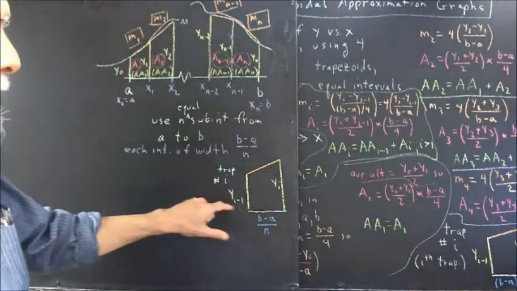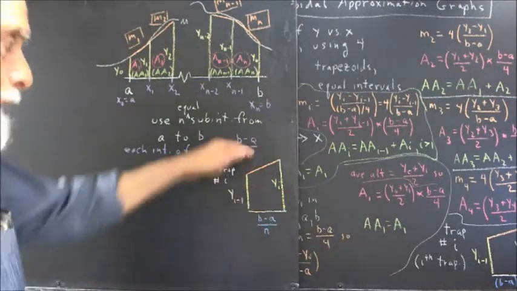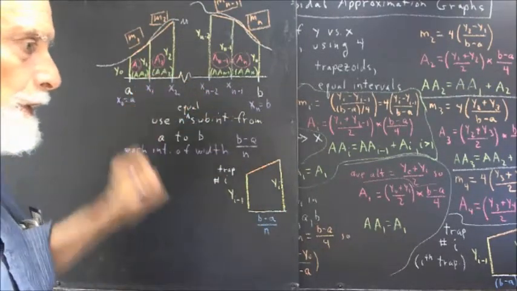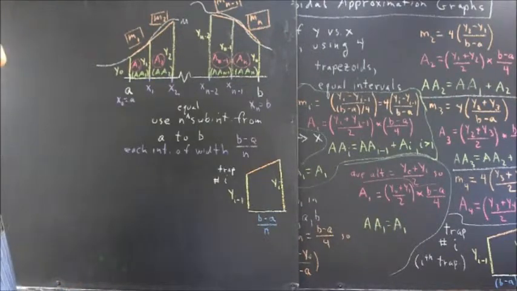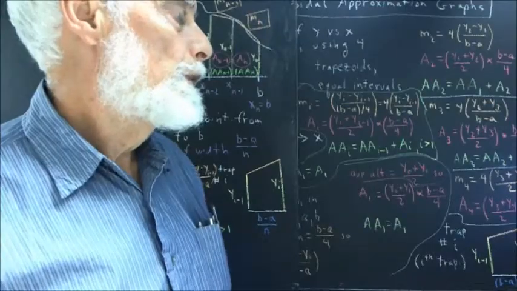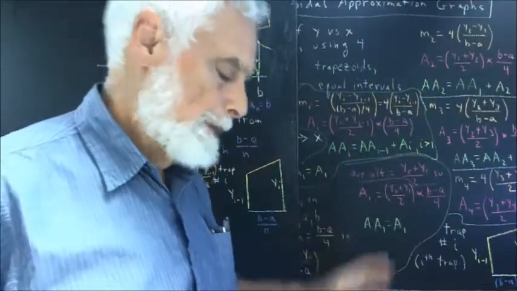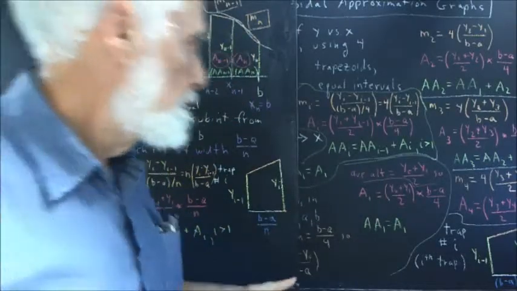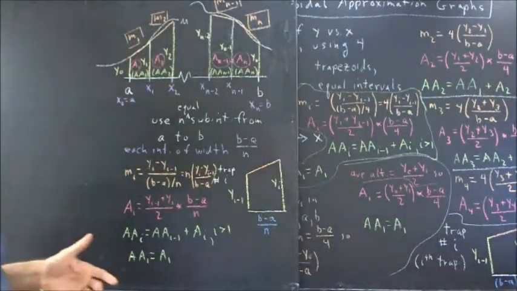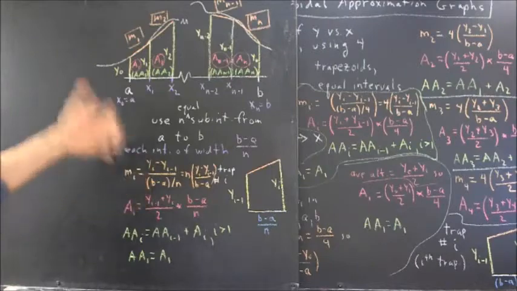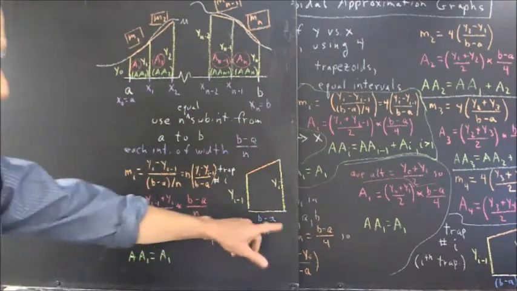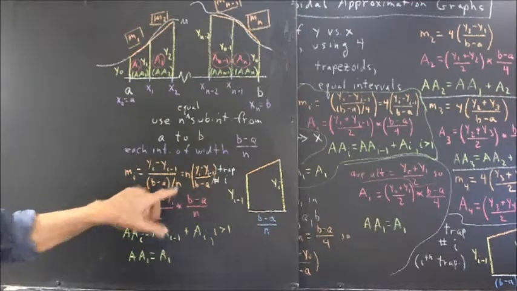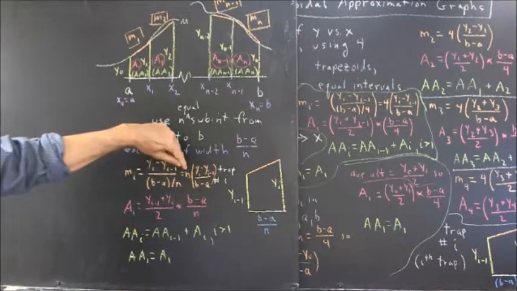Now, in terms of this, this, and this, I can write out the expression for m sub i, the expression for A sub i. And, of course, we can include the calculation scheme for the accumulated areas. Before you look at what I've written, you ought to think about what these expressions would be, but here they are. m sub i is just rise, which is y sub i minus y sub i minus 1, divided by width, which is b minus a over n, and we can simplify the complex fraction by putting n here.